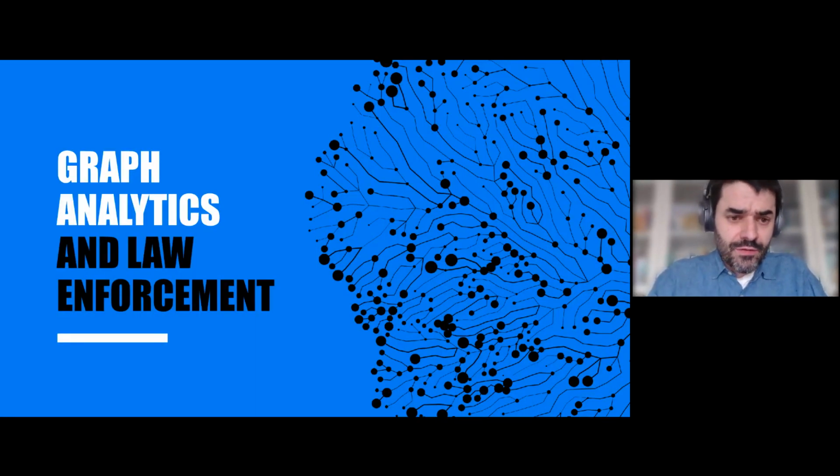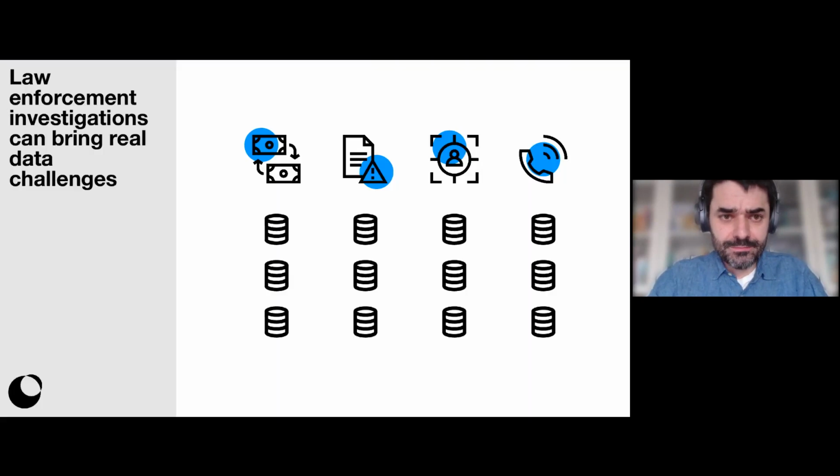So first, graph analytics and law enforcement. So law enforcement investigations can bring real data changes. The first thing that we may think when we're talking about data changes in law enforcement is maybe just the sheer scale of the data that law enforcement professionals have to deal with. That's definitely one aspect, but that's not the only one.